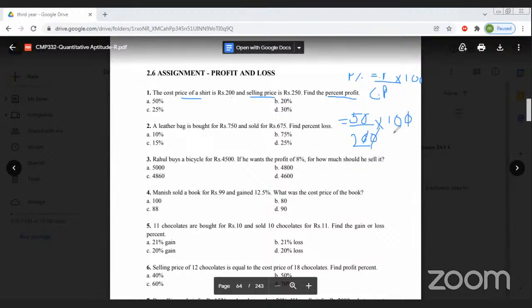Zeros cancel, zeros cancel. 2 ones are, 2 twos are 4, 1 carry over here 5. So here we have a percent profit of 25. Did you understand how to solve the sums?